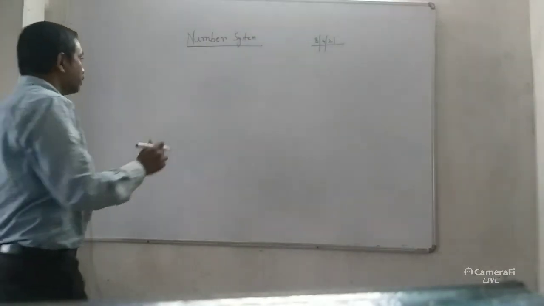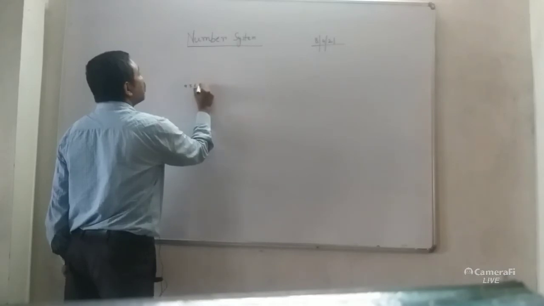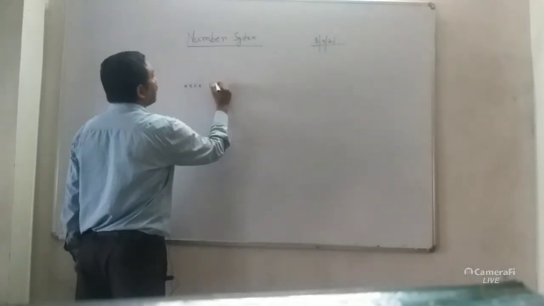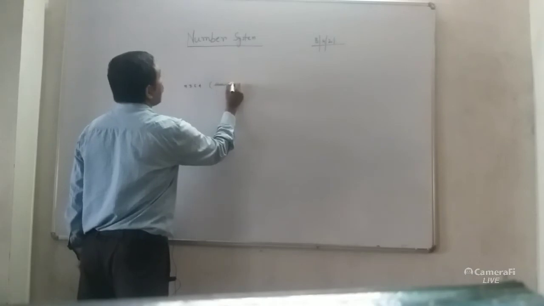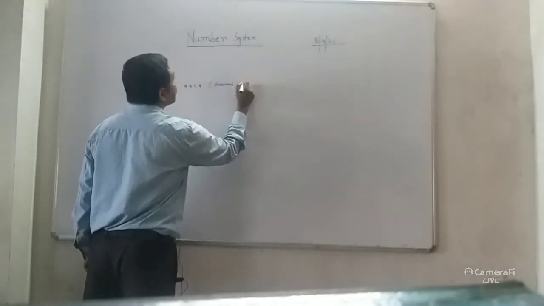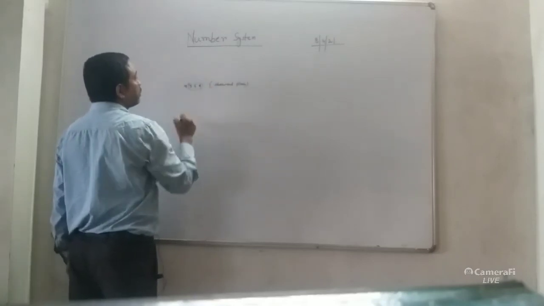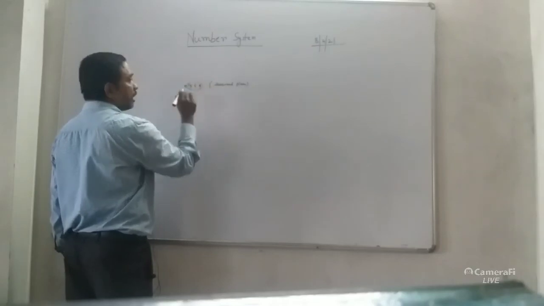Next, up to the thousands place. Suppose the number given is 9764. Now, whenever you round up to the thousands place, sorry, you have to round up to the thousands place. For the thousands place, you take the hundreds place, tens place and ones place digits and form a number.